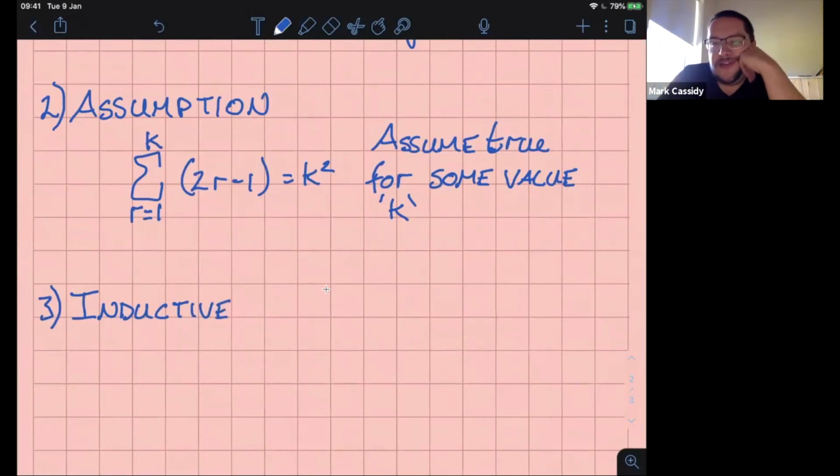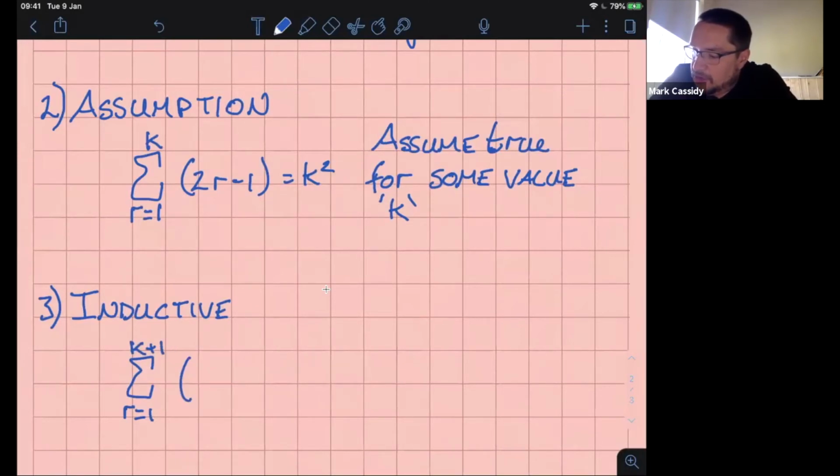And if it's true for the value k, then it must be true for k plus 1. So what we can say is that the sum from r equals 1 to k plus 1 of 2r minus 1 must be equal to k plus 1 squared.